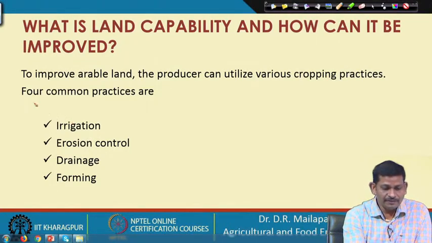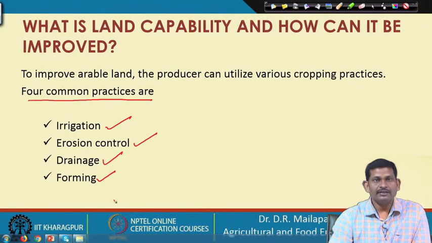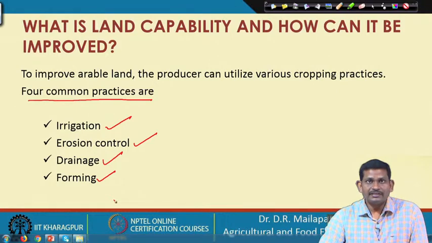Basically there are 4 common practices: irrigation, erosion control, drainage and farming. Irrigation means giving water to the plant artificially, for the beneficial use of crop growth.